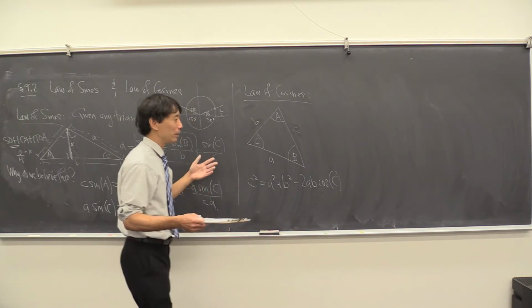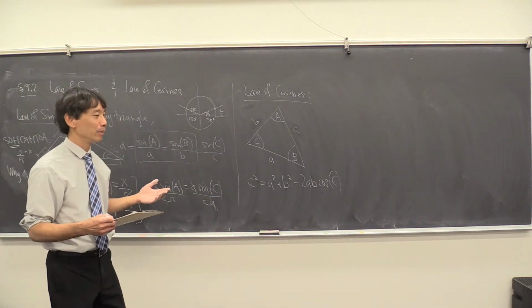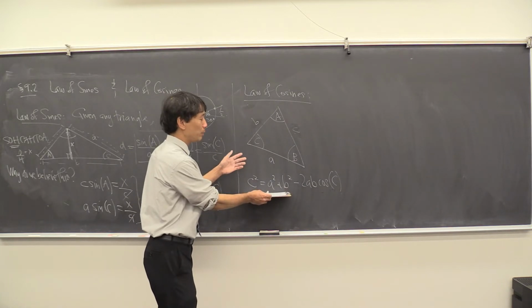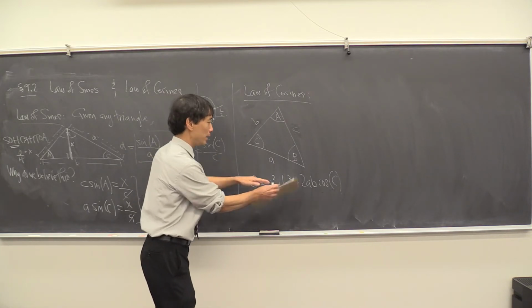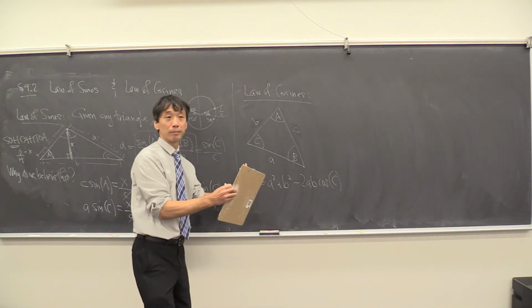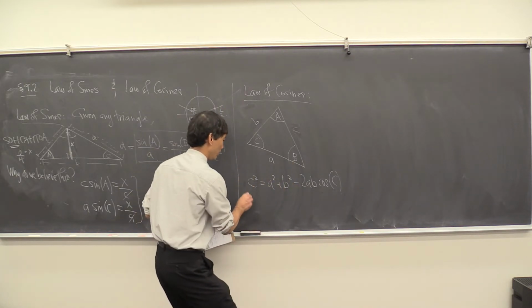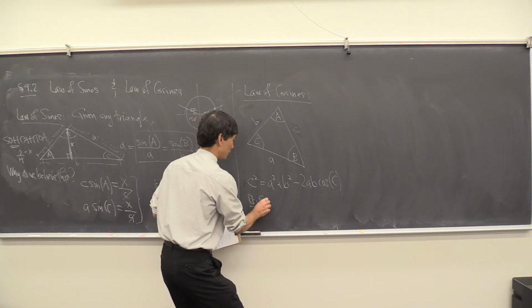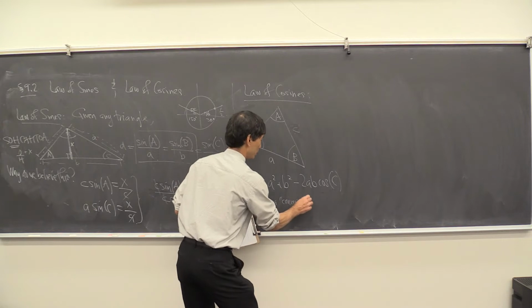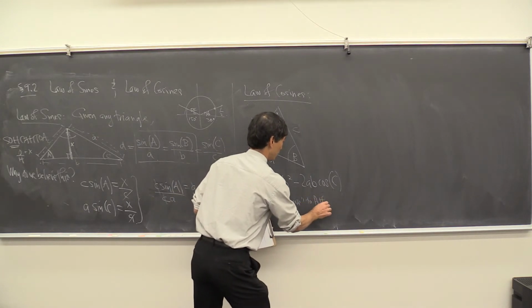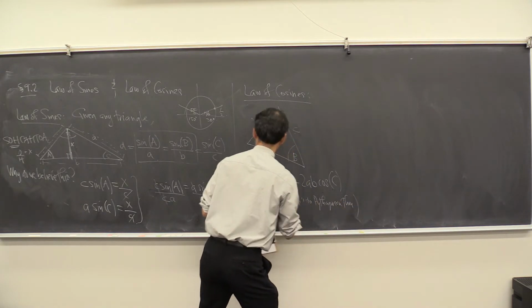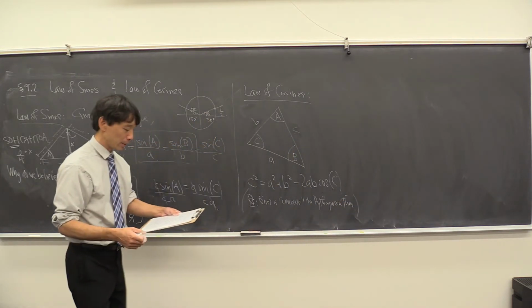It's kind of like the opposite of the Pythagorean theorem. The Pythagorean theorem says if you've got a right triangle, then this happens, and this tells you if this happens, then it must be a right triangle. So, remark: it gives a converse to the Pythagorean theorem. It's just a side comment.